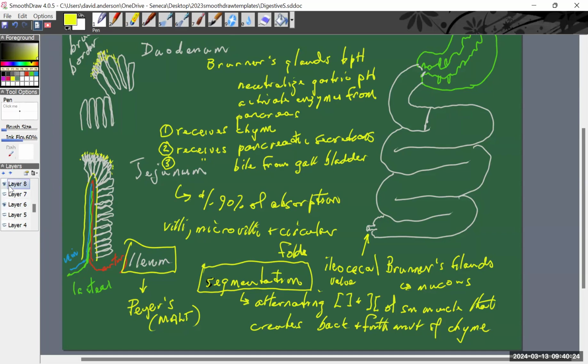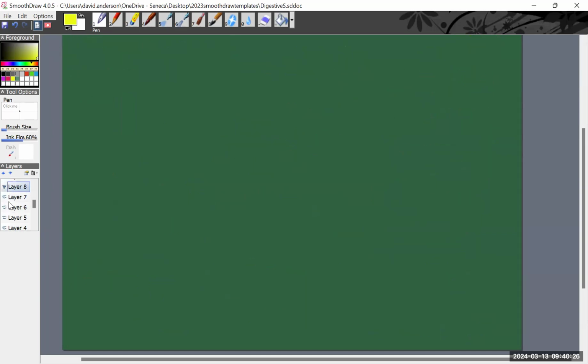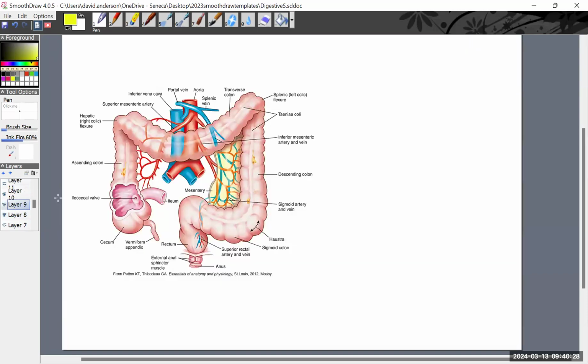And that will look a little bit like this. So the ileum is here, just to orient yourself, and our ileocecal valve is emptying into the large intestine.